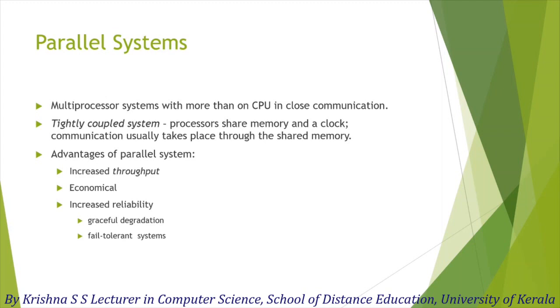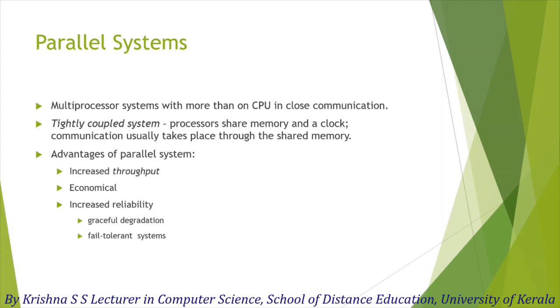So the entire system runs only 10% slower rather than failing altogether. This ability to continue providing service proportional to the level of surviving hardware is called graceful degradation, and systems designed for graceful degradation are known as fault tolerant systems.